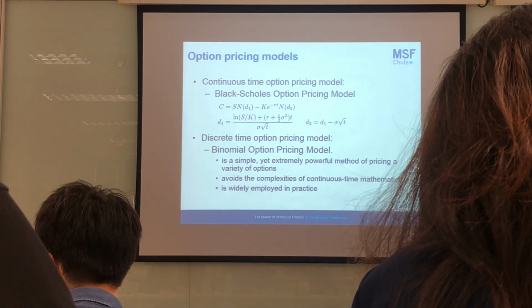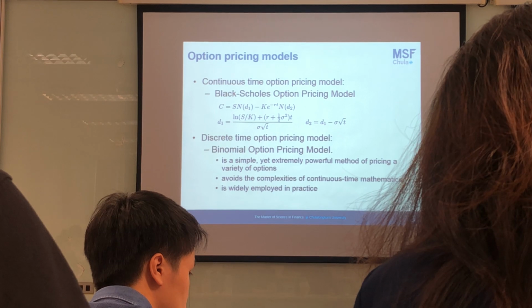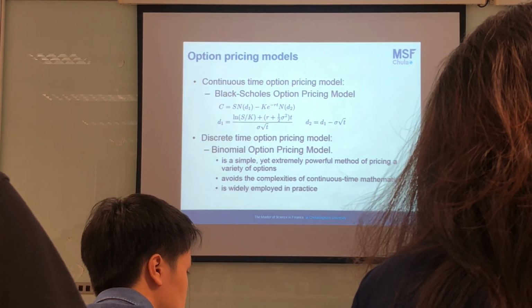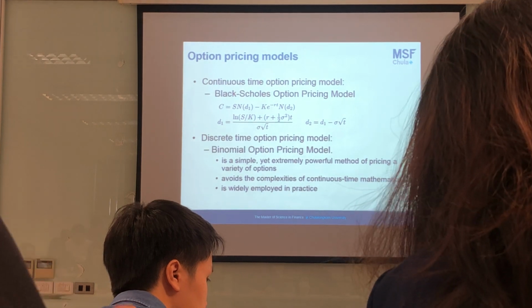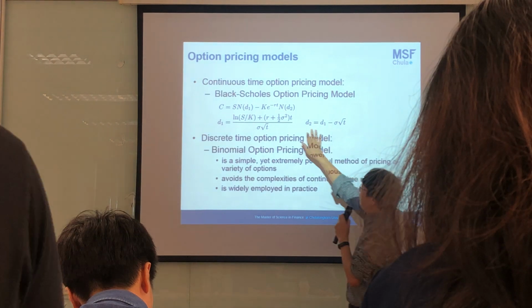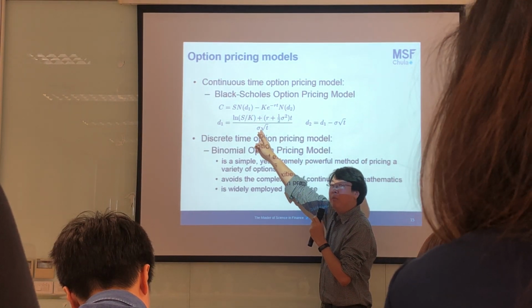The unit is year. If your option has a time to expiration of 3 months, T should be 3/12 or 0.25. You have to substitute the number into this formula. Divide by sigma, the standard deviation of the stock return.